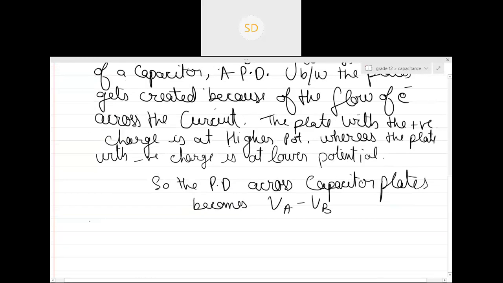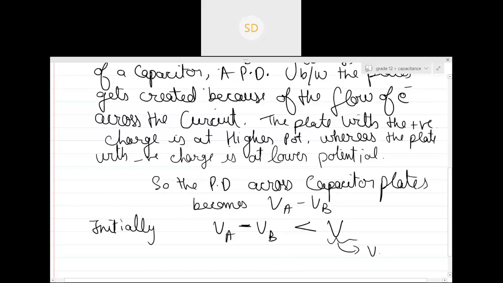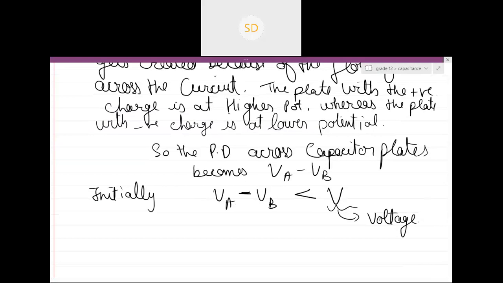Initially, this potential difference across the plates is less than the voltage across the battery, right? Initially, the potential difference across the plates is lesser.